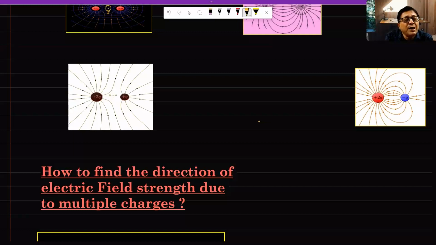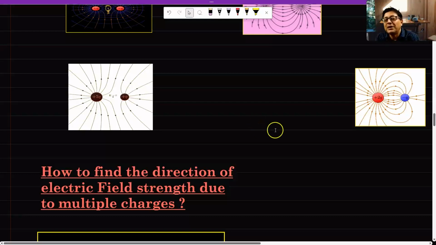It will be 1, 2, 3, 4, 5, 6, 7, 8. And here 1, 2, 3, 4, 5, 6, 7, 8, 9, 10, 11, 12, 13, 14, 15, 16. See? I told you these are imaginary lines, no? So lines will be taken in such a manner that due to plus q, if 8 lines of forces are coming out, due to plus 2q, 16 lines of forces will come out.